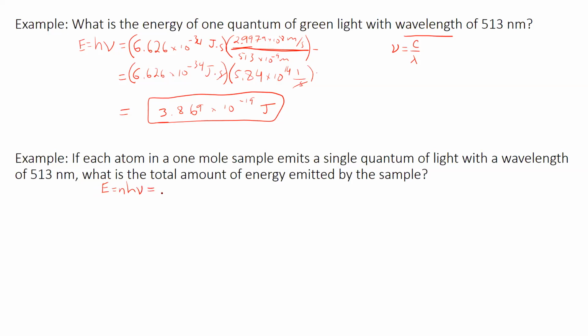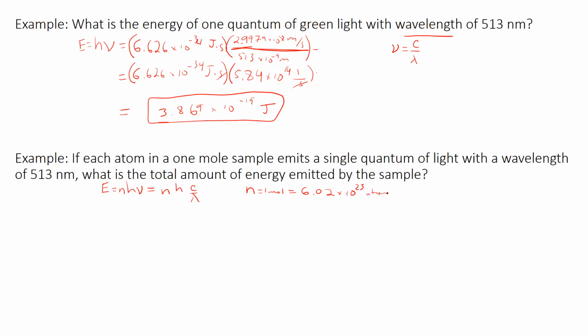So that would be E is equal to N times h times c over lambda. And so you could plug all of these things in the same way, depending upon what you're given. And in the case of N, well, 1 mole is 6.02 times 10 to the 23rd atoms.